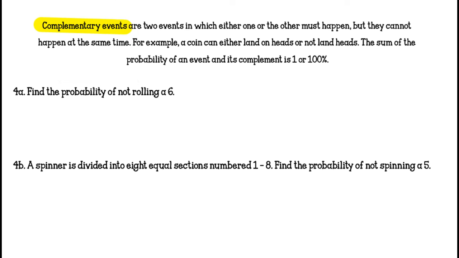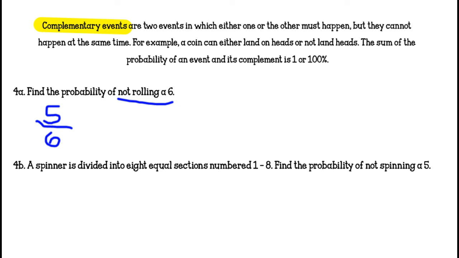Find the probability of not rolling a 6. So the probability of not rolling a 6 would be anything other than a 6. If there are 6 possibilities, only one of them is a 6. So all those that are not 6s, there are 5 possibilities. So your answer would be 5/6.